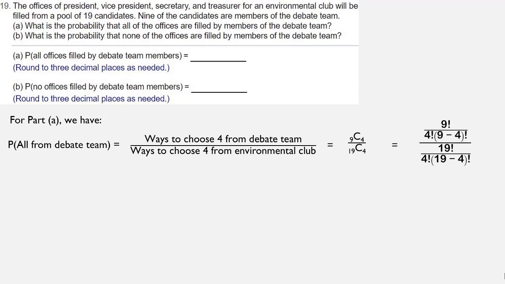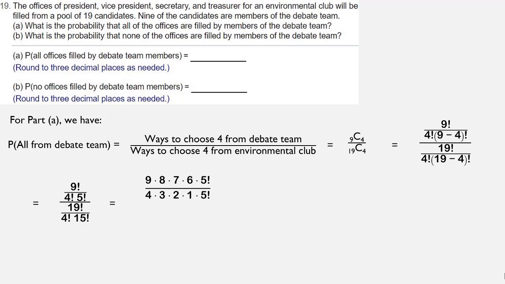So we'll look at those 2 fractions. That's going to be 9 factorial over 4 factorial times 9 minus 4 factorial, divided by 19 factorial over 4 factorial times 19 minus 4 factorial. When we simplify a little bit, we get 9 factorial over 4 factorial times 5 factorial, divided by 19 factorial over 4 factorial times 15 factorial. We expand those out.